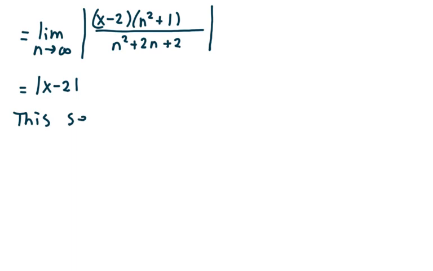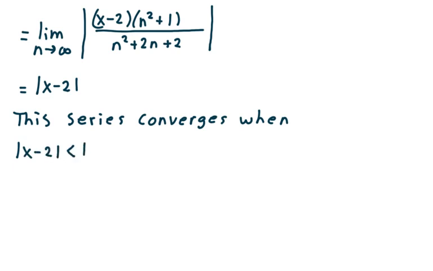This series converges when the absolute value of x − 2 is less than 1.